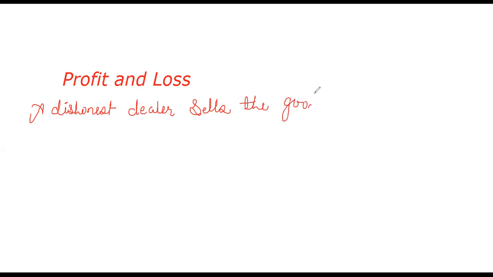So look at this, I'm writing it there. A dishonest dealer sells the goods at X% on cost price, but uses Y% less weight.